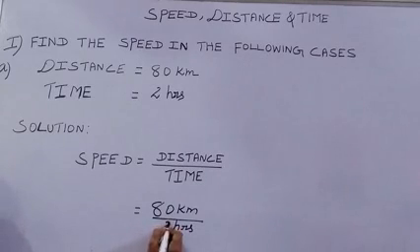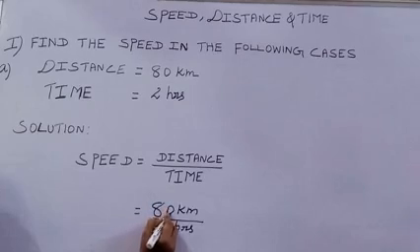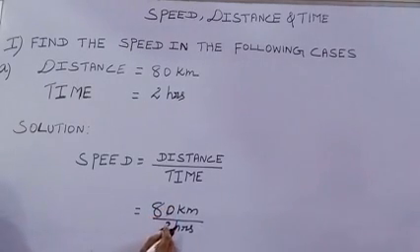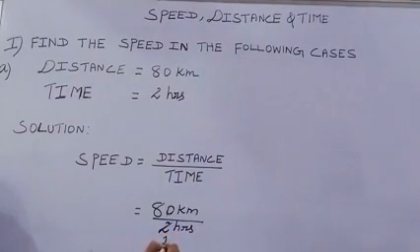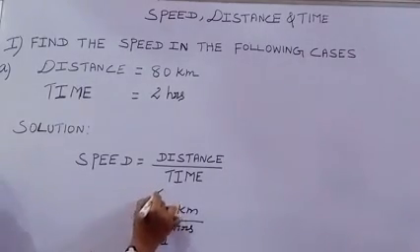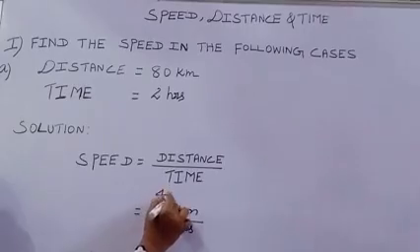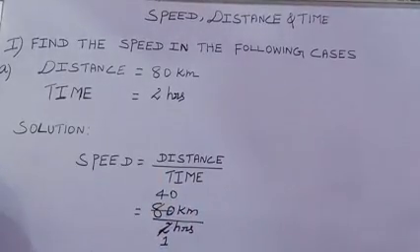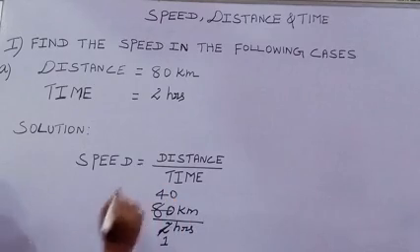Both the numerator and the denominator can be divided by 2. In the ones place you have 0, which should be divided by 2. So 1 2 is 2, and how many times 2 in 8? 4 times, and 0 remaining. So I write it down here.